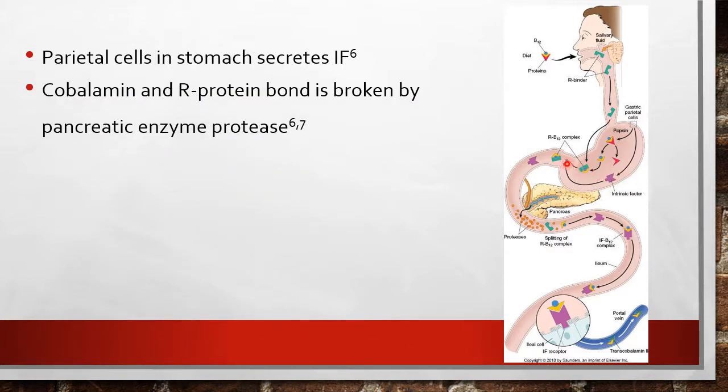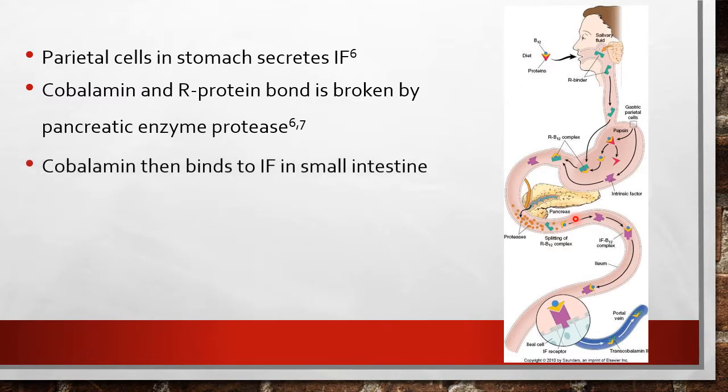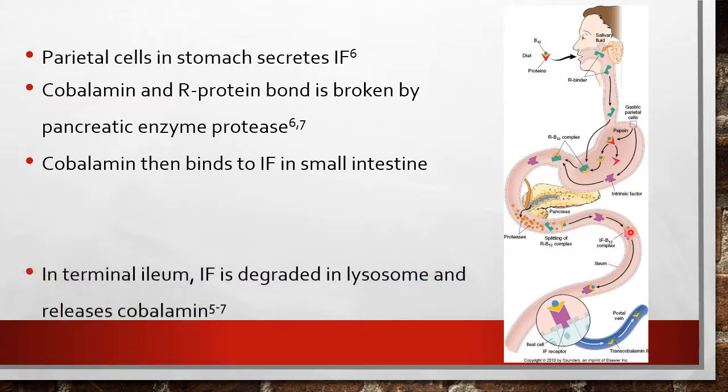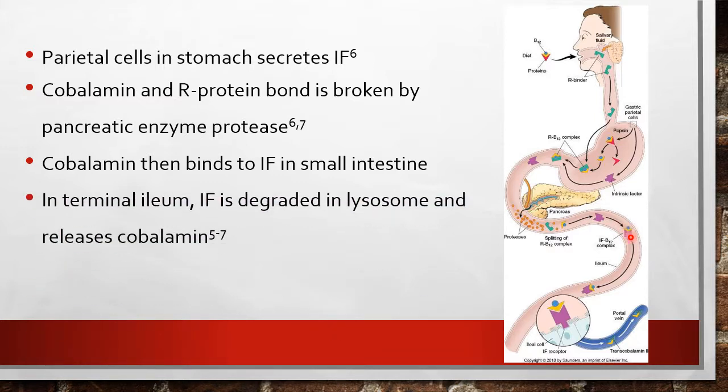As the bound R protein and cobalamin reach the small intestine, the pancreas secretes the enzyme protease to break the bond between the R protein and the cobalamin. The cobalamin then binds to the intrinsic factor in the small intestine, where the absorption of the cobalamin will occur in the terminal ileum.